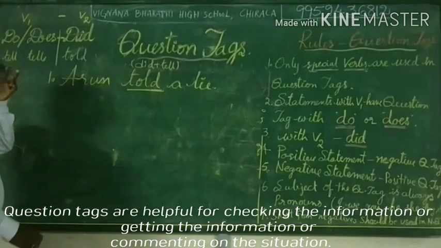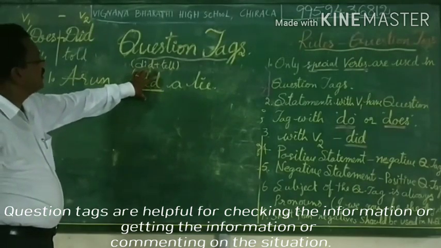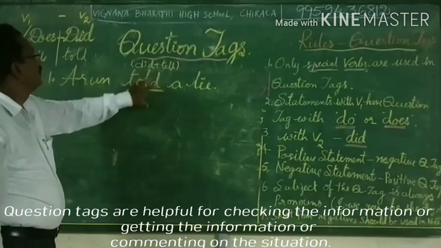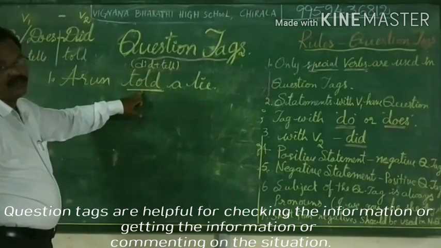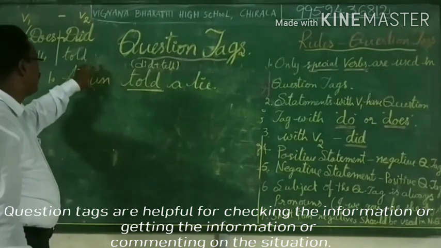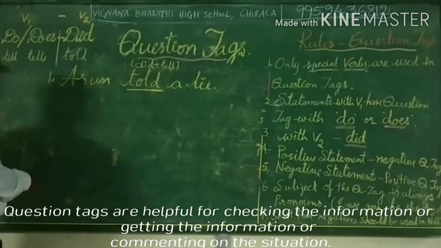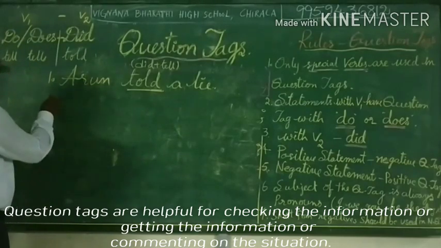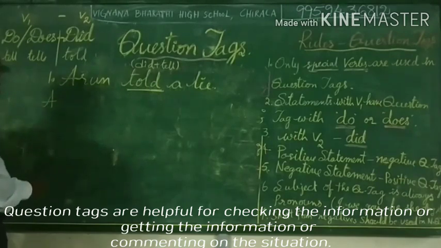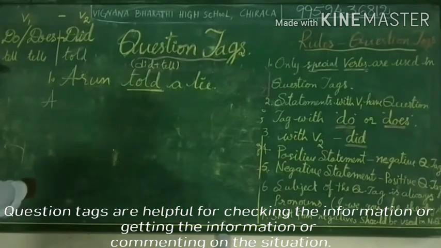So we understood the sentence is positive. The verb is in verb 2, that is past tense, and here the subject is Arun, a boy. So with the help of these 3 pieces of information, we make a statement and add a question tag to this positive statement.